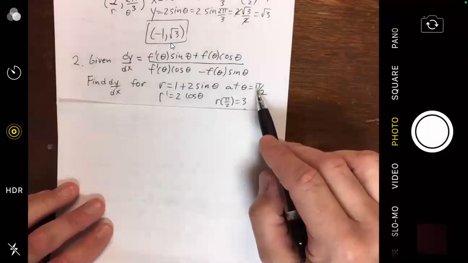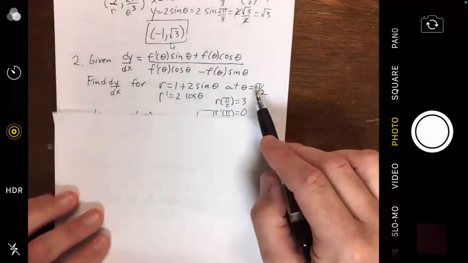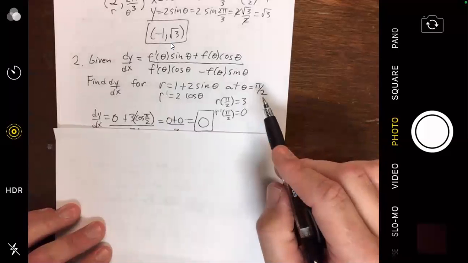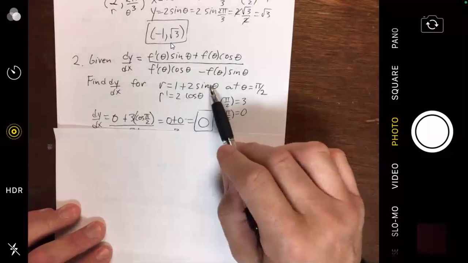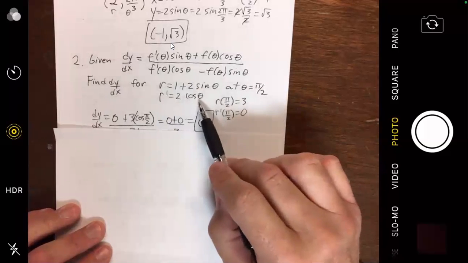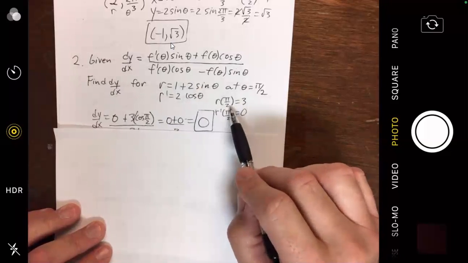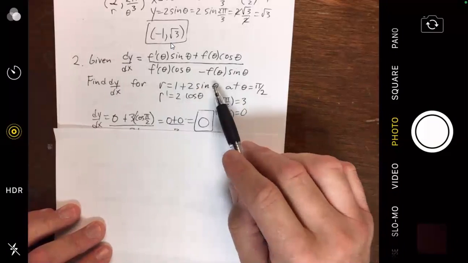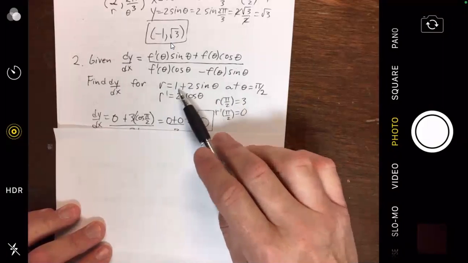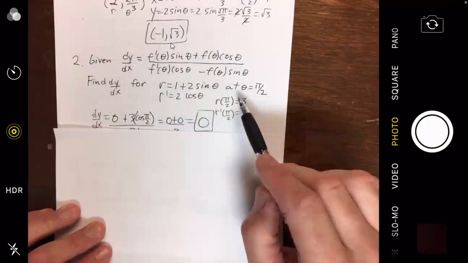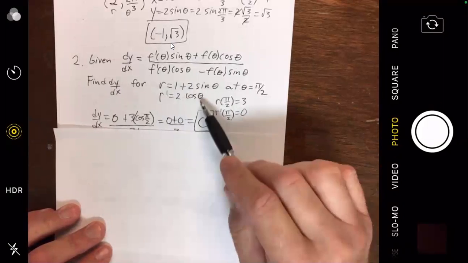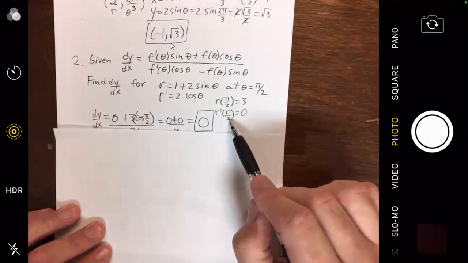Theta equals pi over 2. So plugging and chugging, I can go ahead and plug in for the r and the r prime just to shorten it up. R of pi over 2 would be 2 plus sine pi over 2, which would be 1. That gives you 3. The r prime of pi over 2, cosine of pi over 2, is 0.